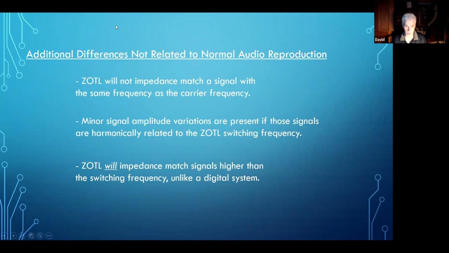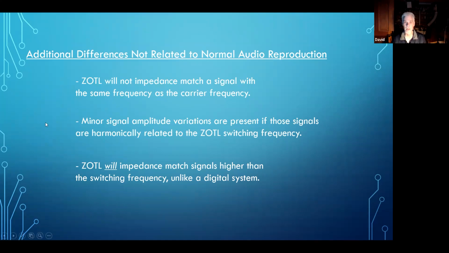There are minor signal amplitude variations present if those signals are harmonically related to the ZOTL switching frequency. In other words, if I have a frequency of, say, 3 times the 250 kilohertz, say 750 kilohertz, and you try to do the impedance matching on a 750 kilohertz signal, it'll do it, but you'll see a little ripple, a little dip in amplitude.